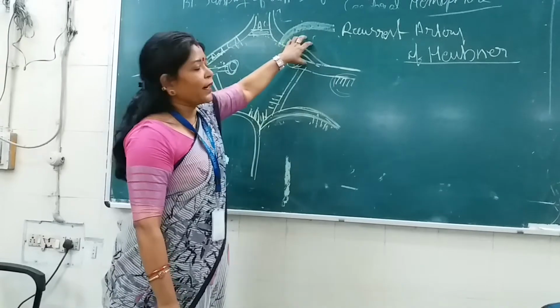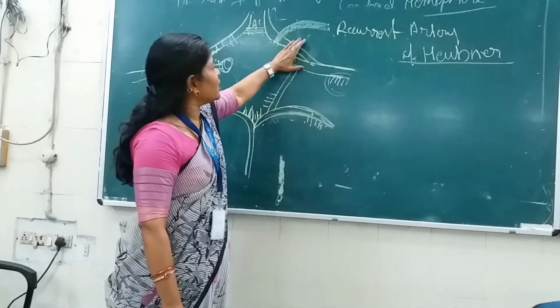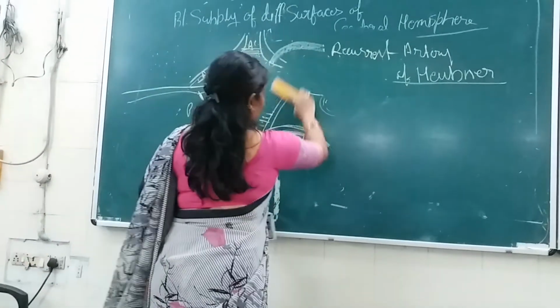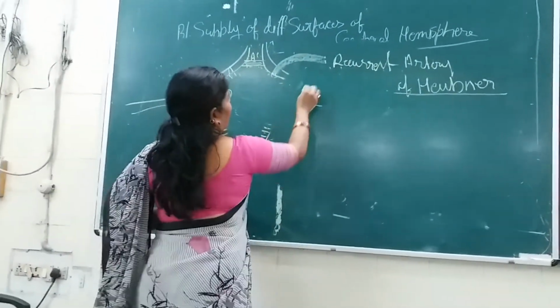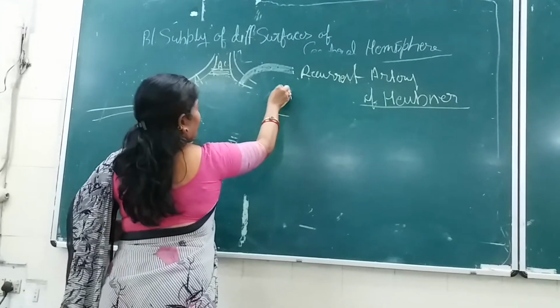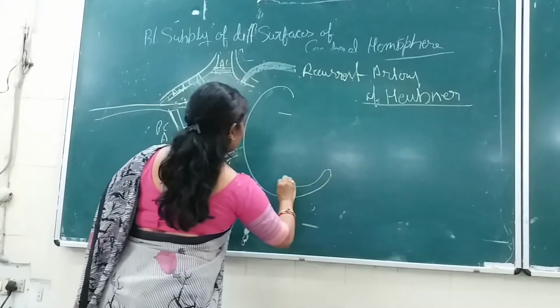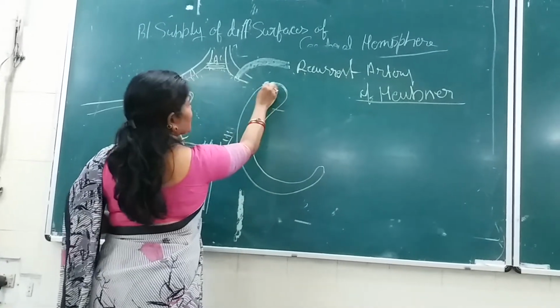So the caudate nucleus is situated anteriorly here. I will just rub this diagram for a while. Caudate nucleus, look here, it is situated like this. Here is the tail, and here is the head, the expanded part.